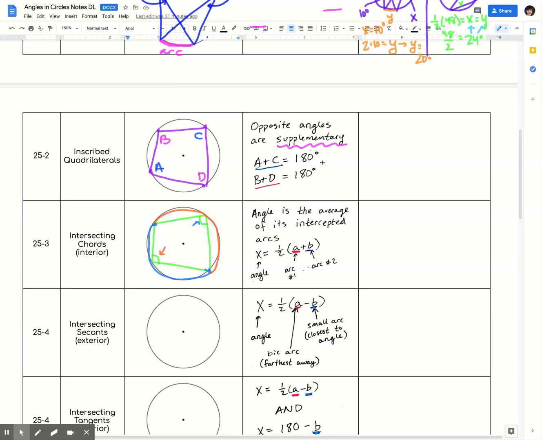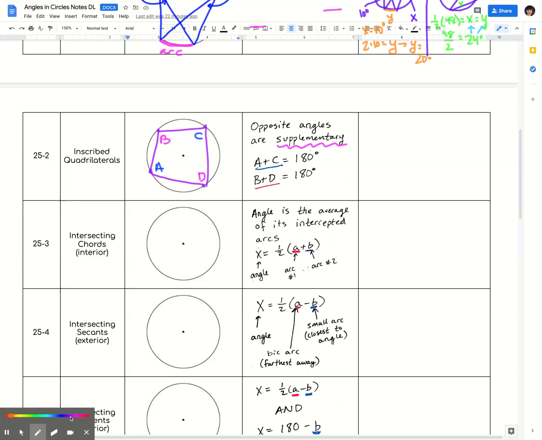So supplementary. Kind of cool, right? This idea is entirely based on the rules for intercepted arcs and their inscribed angles. I'm going to erase this so it doesn't get confusing. This was just an example because I didn't want to muddy up the one I had already drawn. We'll talk about these last three in another video.